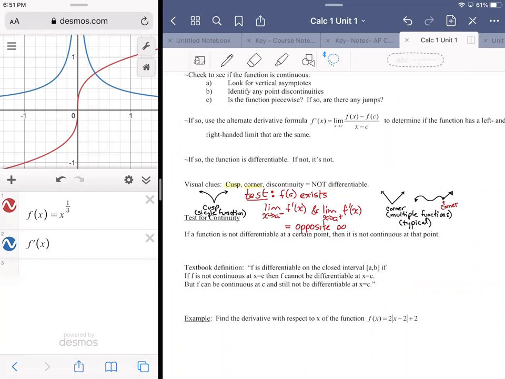All right, so it has a lot of the same ingredients as the test for a vertical tangent.